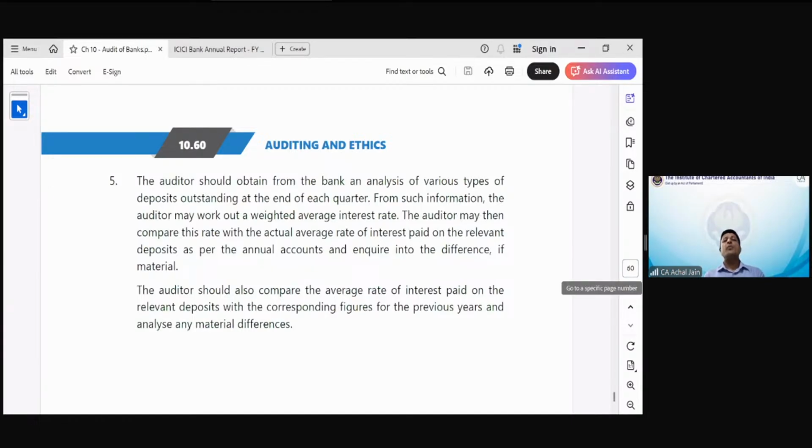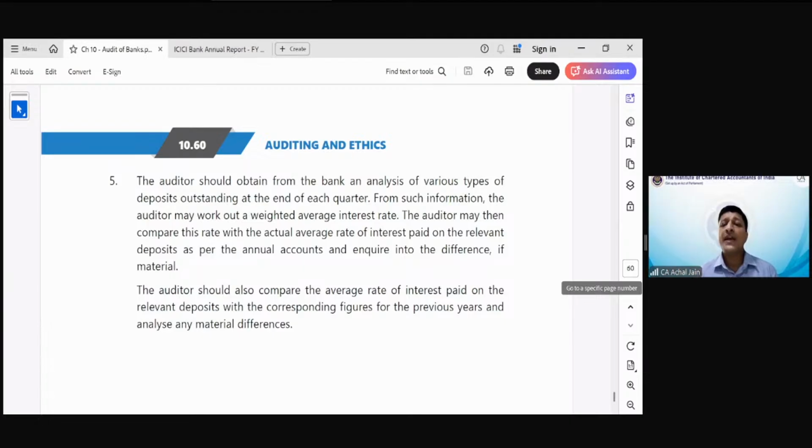Now, if you look at the answer, the auditor should obtain from the bank an analysis of various types of deposits. The auditor may work out the weighted average interest rate. Remember, we worked out 3%. The auditor may then compare this rate with the actual rate and inquire about the difference. So that's one.